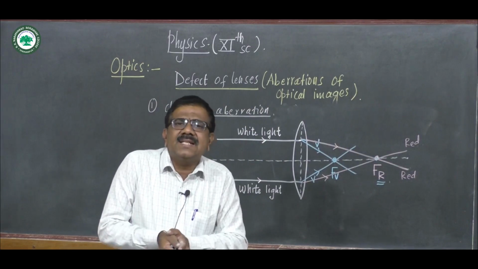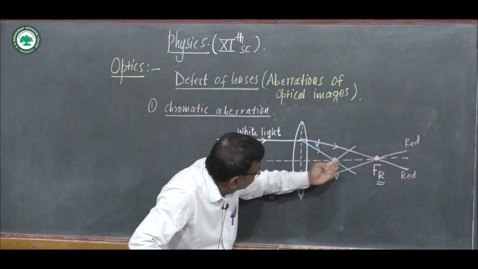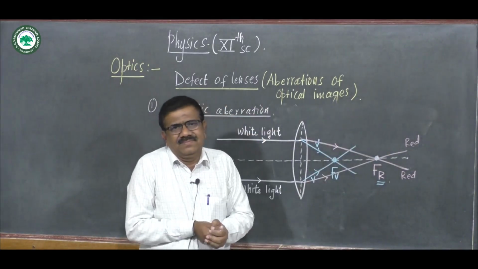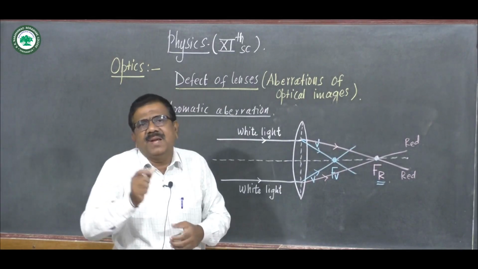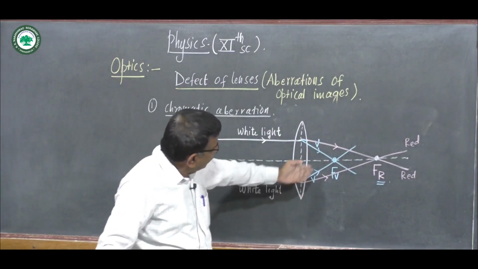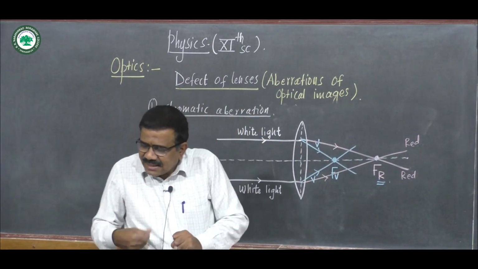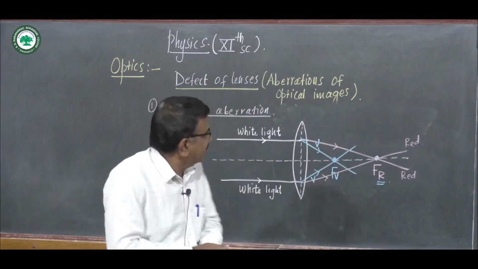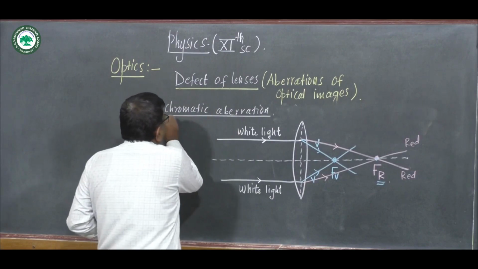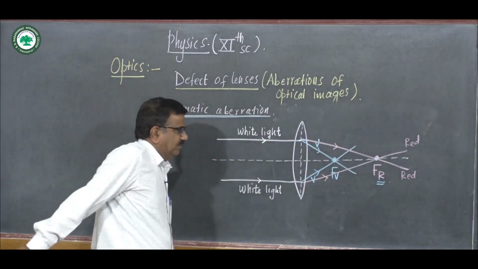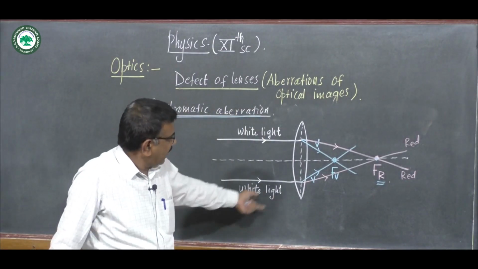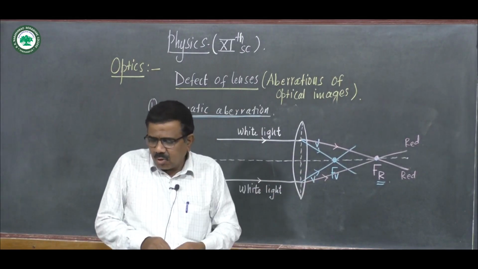Instead of getting a single image, we get the image spread over a small distance, and this type of defect is called chromatic aberration.